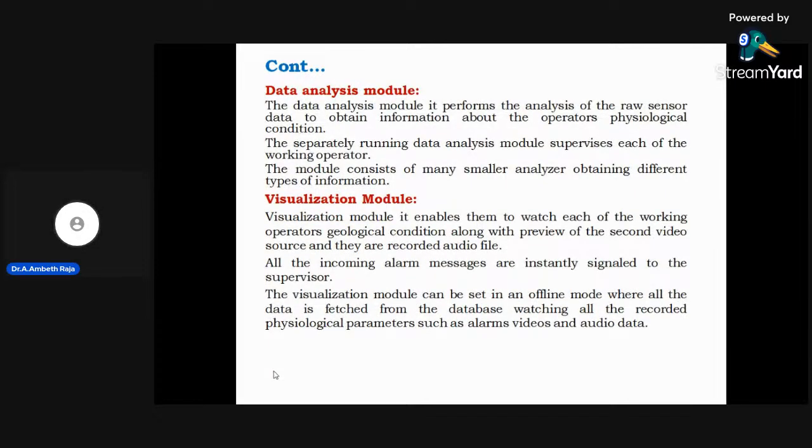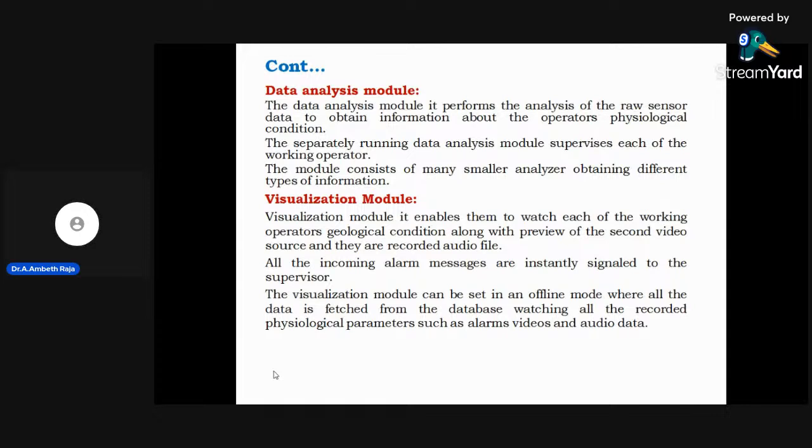The data analysis module performs the analysis of raw sensor data to obtain information about the operator's psychological condition. The separately running data analysis module supervises each working operator. The visualization module enables the supervisor to watch the working operator's psychological conditions along with the preview of the video source and the recorded audio file.